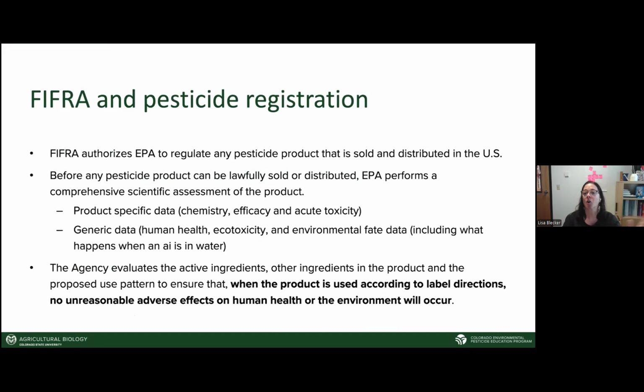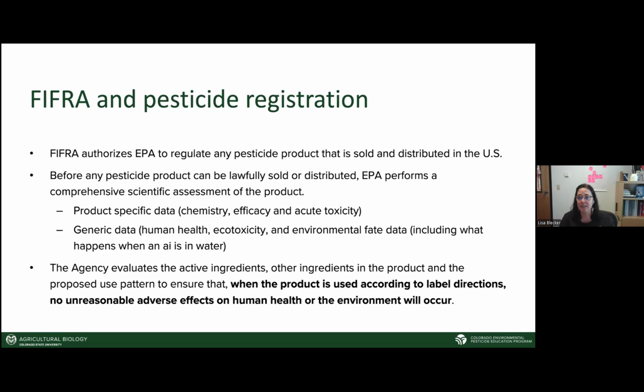So there are a lot of words on this page. There are basically extensive scientific assessments that are required before any pesticide at all is allowed to be registered or exempt from registration in the United States. There are certain criteria for exemption. Those are very low toxicity products. So I want to specifically talk about products that have to be registered.